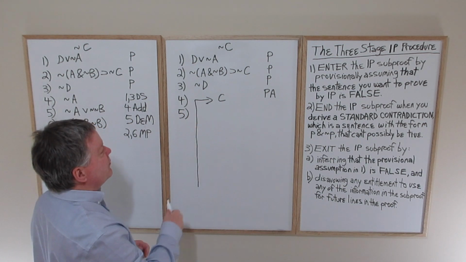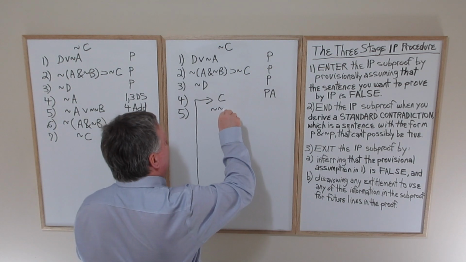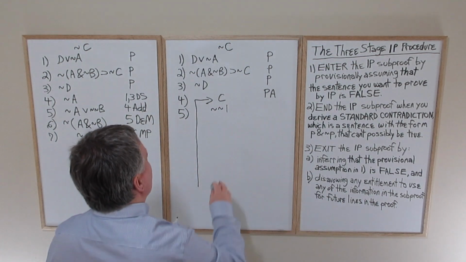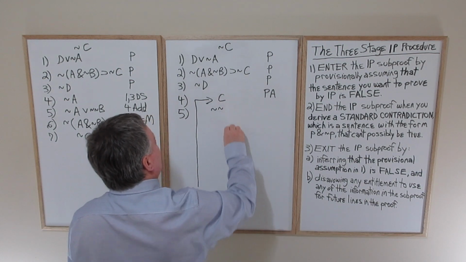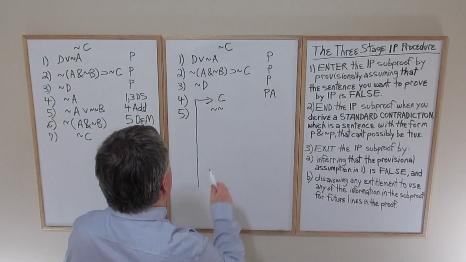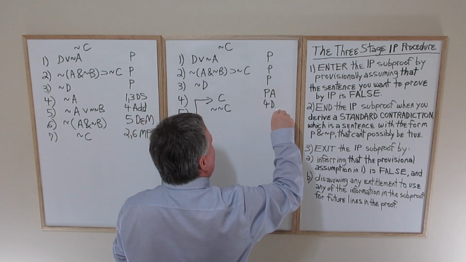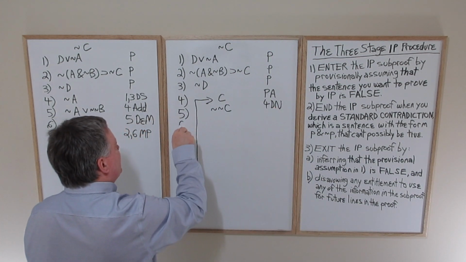So having made that provisional assumption, we have to do a double negation step to get tilde C, so that's 4 double negation.